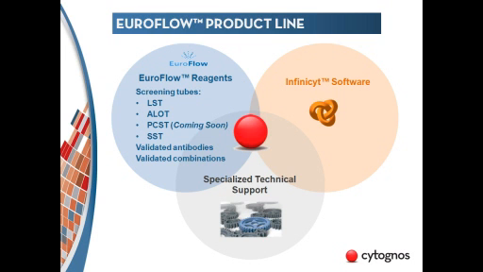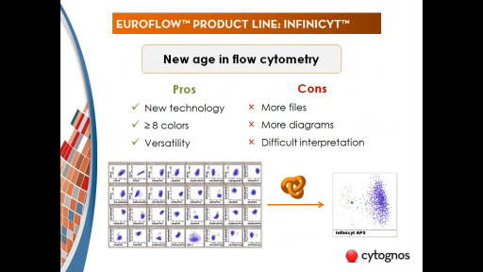Just to finish, a few words on the Infinicyt software, just to have it in more detail. Infinicyt was designed within the EuroFlow project because they needed some special tools that were not available in the market when they started the project in 2006. So they decided to create a new software from scratch, including all new tools, all multi-dimensional analysis that were not present at that moment in the field. They faced new technology.